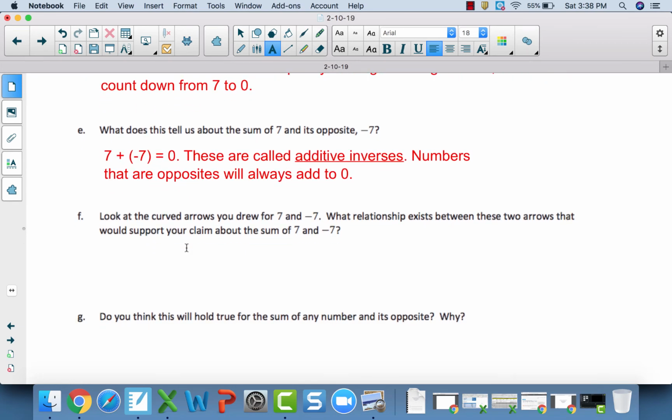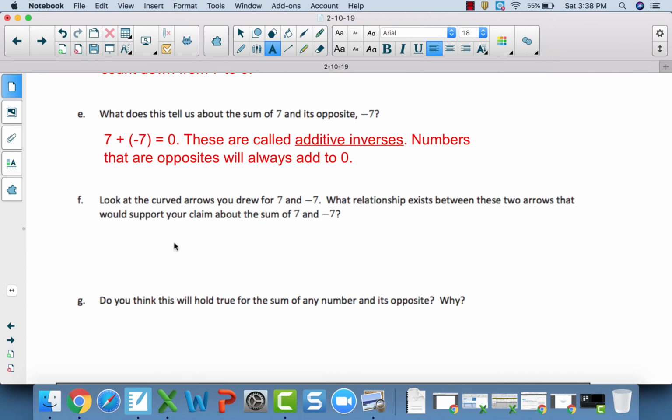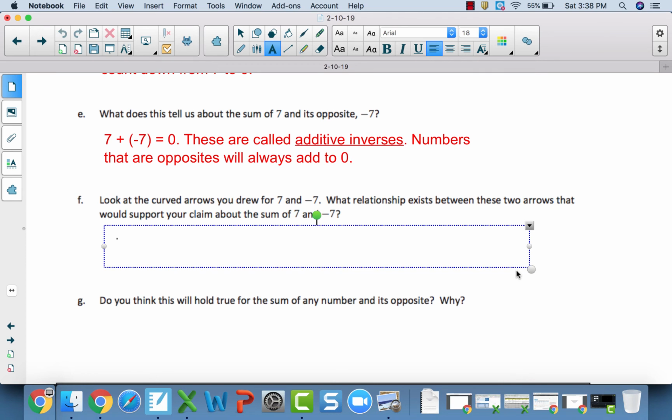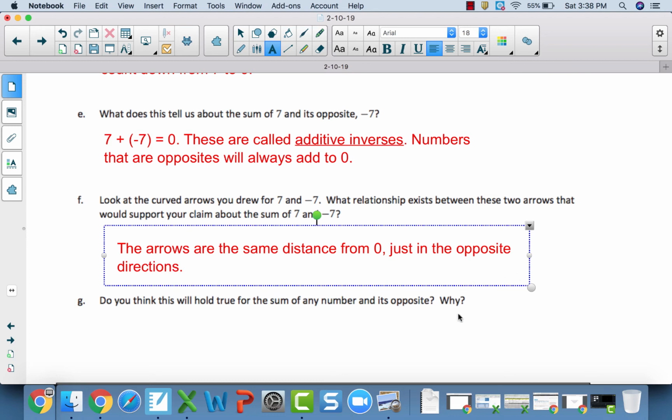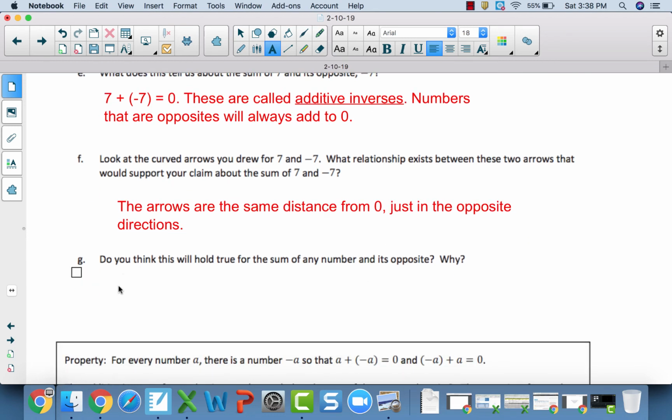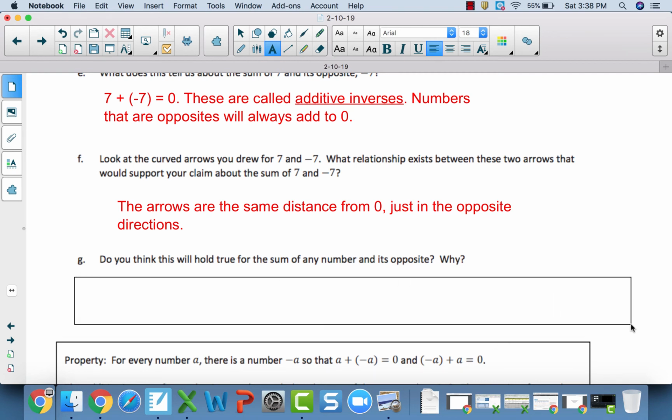Those are called additive inverses. All right, now F, the curved arrows from 7 and -7. The arrows are the same distance from 0, just in opposite directions. Okay? Now, do you think this will hold true for any number and its opposite?